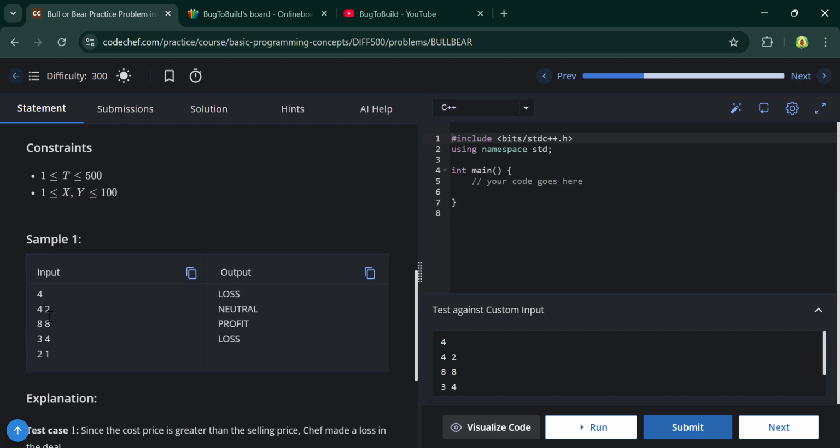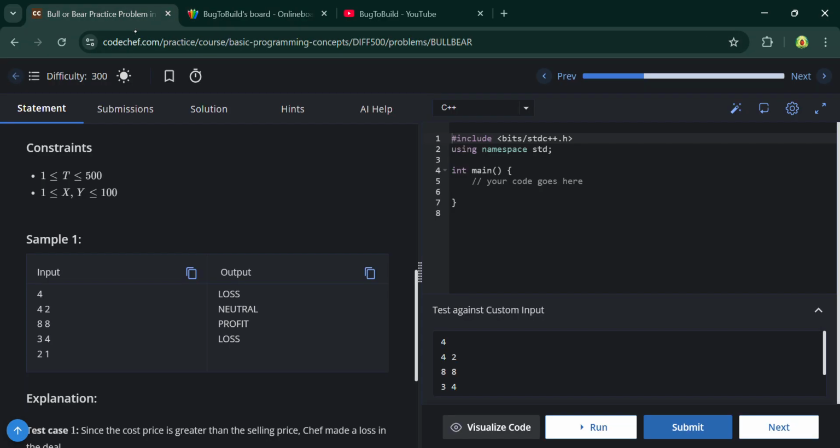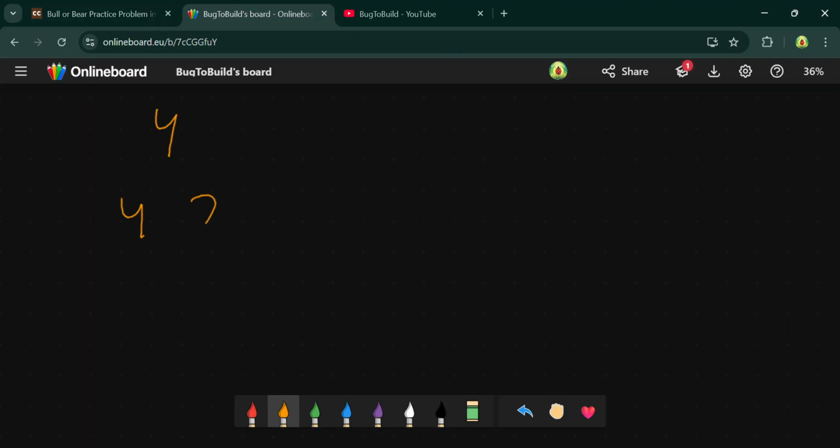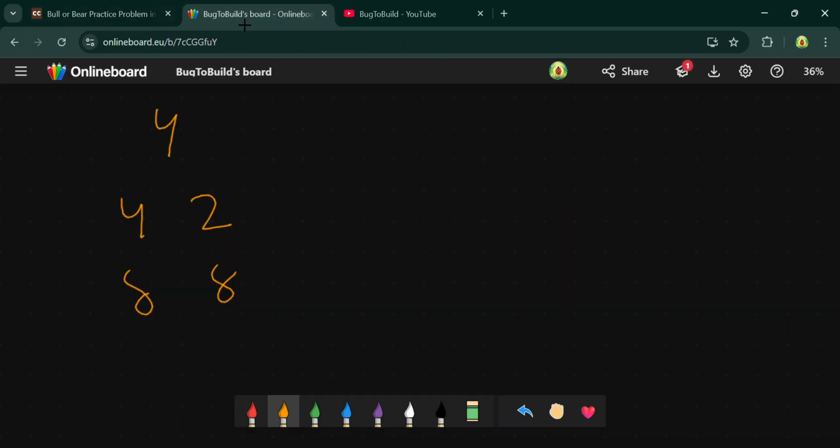Here are the given test cases: 4 2, 8 8, 3 4, and 2 1.